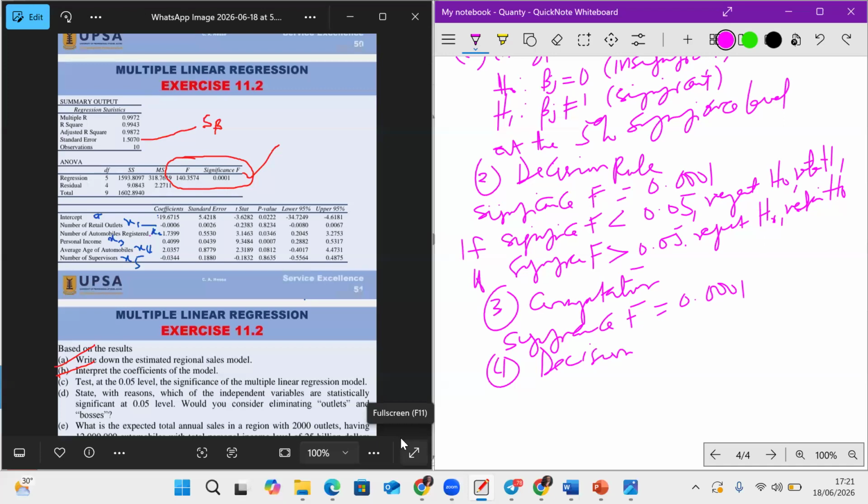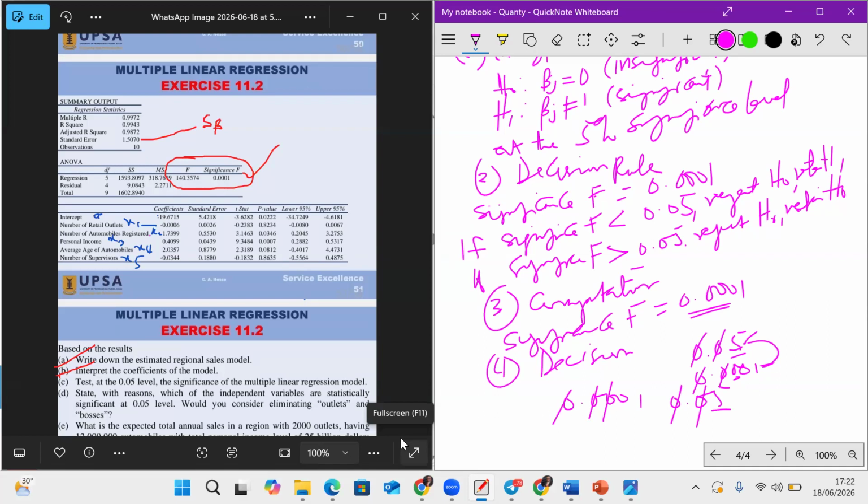So the significance F, is it less than or more than the significance level? This is the significance level, this is the significance F. So which one is greater, 0.05 or 0.0001? 0.05.